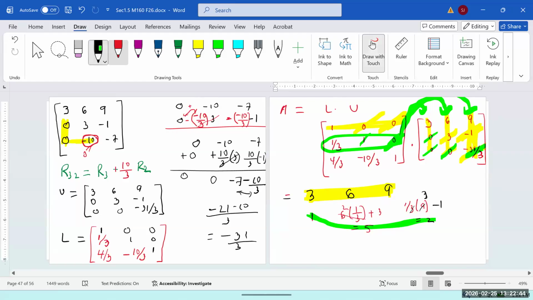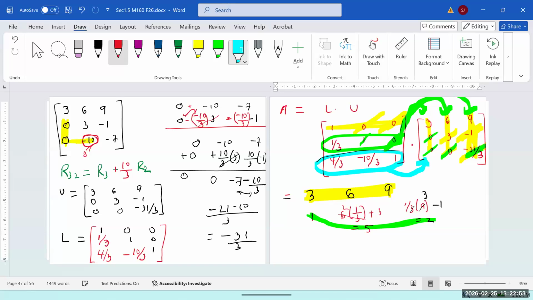And now the last one. For the last row, we multiply by the first column. Here the 0, 0 cancel with these two. We're left with 4/3 of 3. So 3, 3 cancel out, and we get 4.